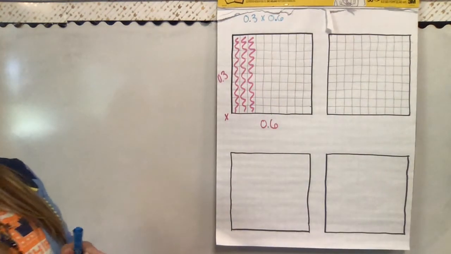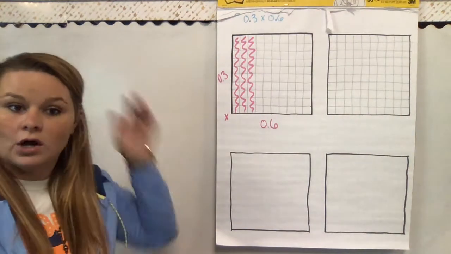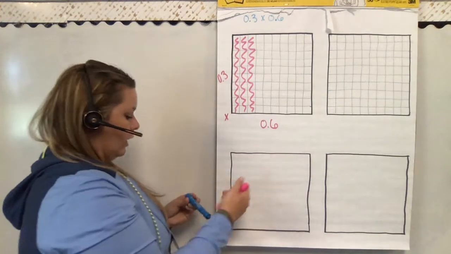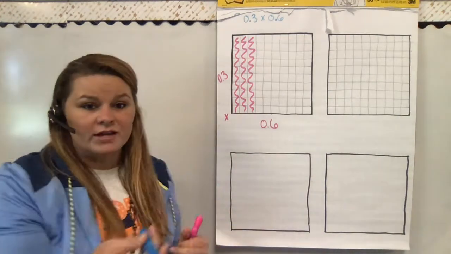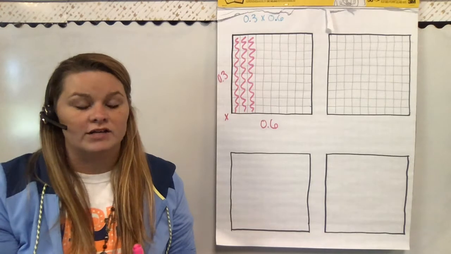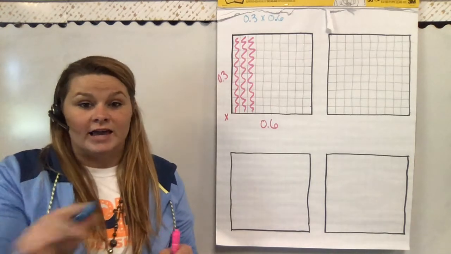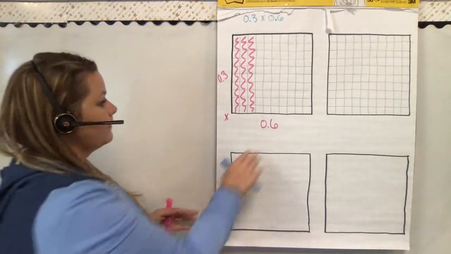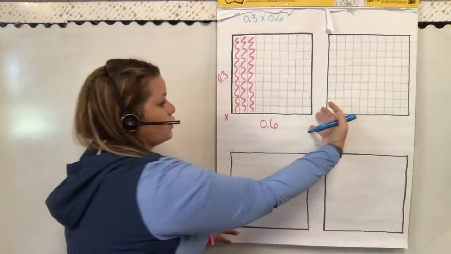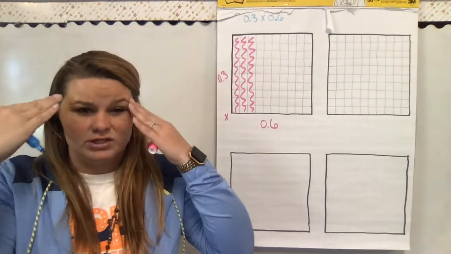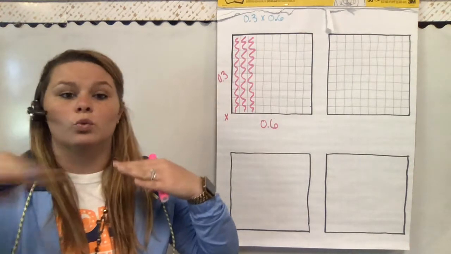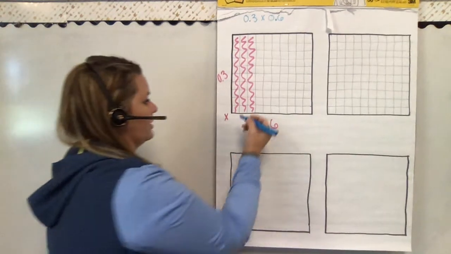Okay. And now I'm going to do 6 tenths horizontally along the bottom. And I'm going to do that in a different color. And I would suggest that you do that as well with colored pencils or crayons, or even if you're using Cami, you can do different color highlighters. So now I'm going to do 6 tenths horizontally. And again, in my mind I'm picturing those rows. I'm kind of trying not to visualize those columns.